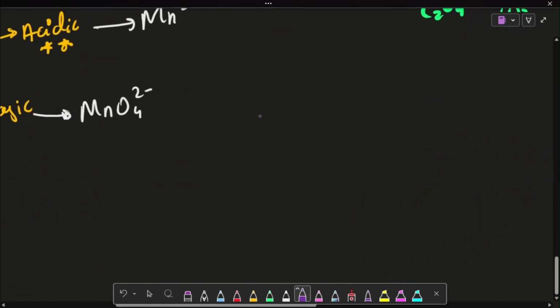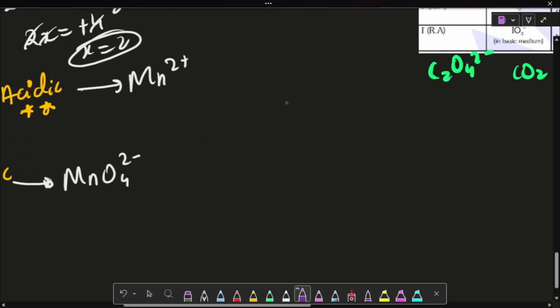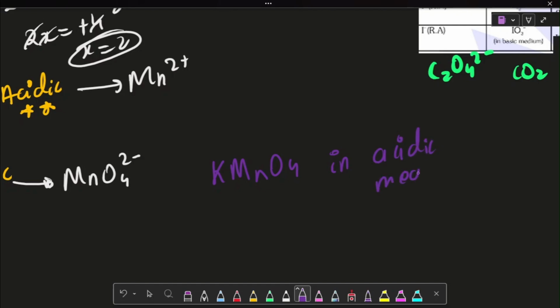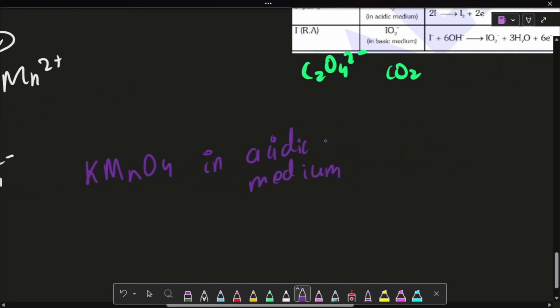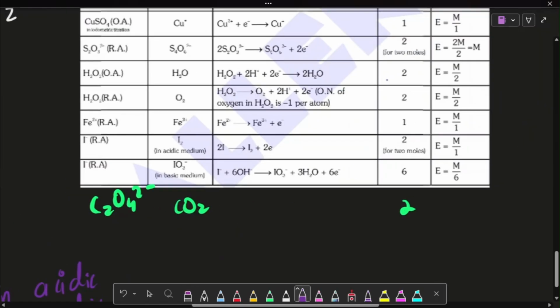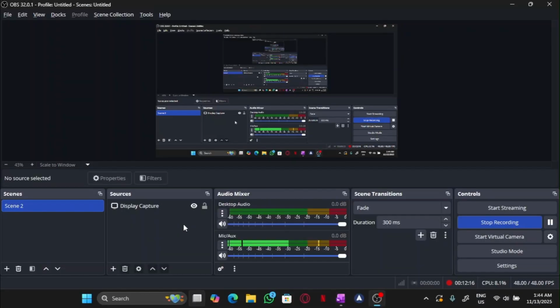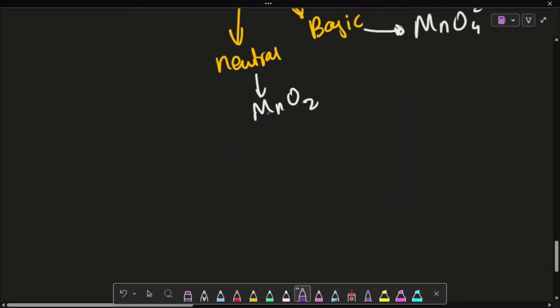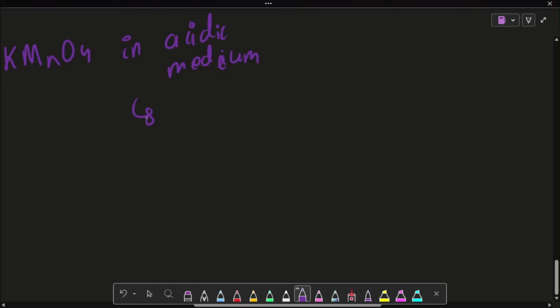You can balance it by yourself. Most of the questions would have something like KMnO4 in acidic medium. So instead of calculating it each time, if you just memorize these values, you could directly say that the n factor is 5.